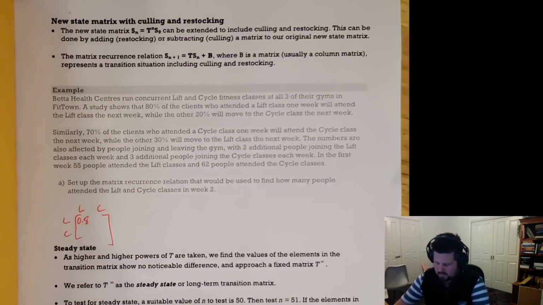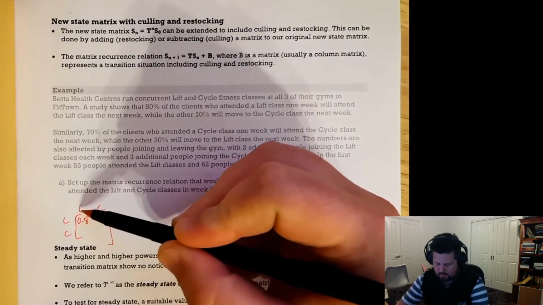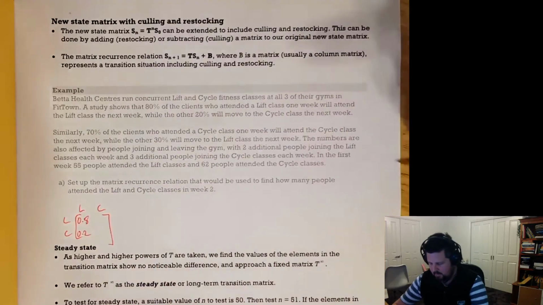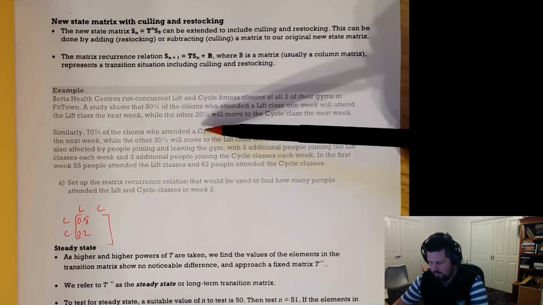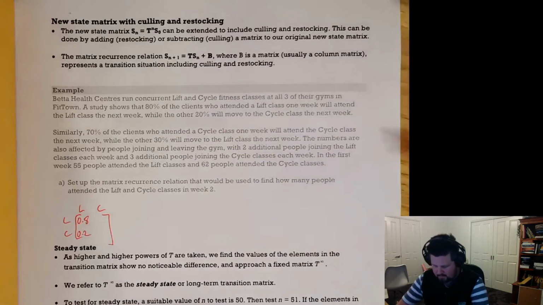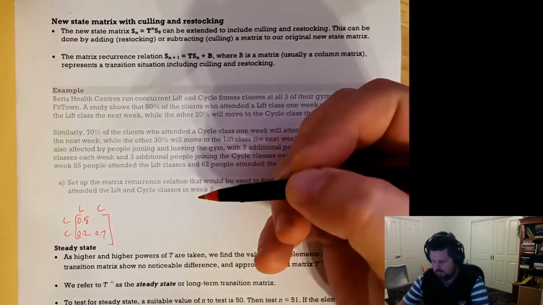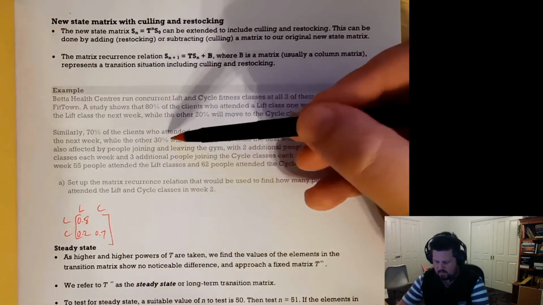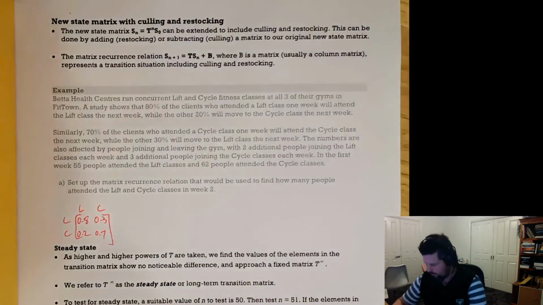While, as we said, the other 20% are going to start at lift and go to cycle. Further on, it says 70% of the people who attended the cycle class will attend the cycle class the next week. Cycle and attend the cycle the next week is 70%, and it also gives us the information that 30% would do the lift class in the second week.